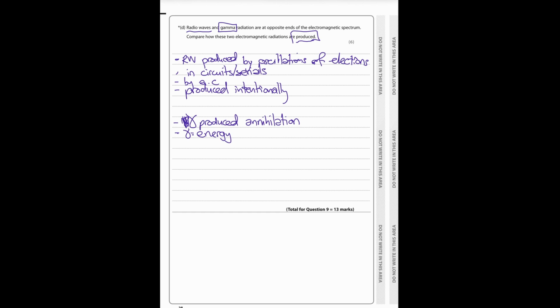Is there any other way that they're produced? Well, I know that gamma comes from nuclei as well, sometimes when there's nuclear rearrangement. And again, this is because the nucleus wants to lose energy to become more stable. This is kind of how it's produced, so that's okay.